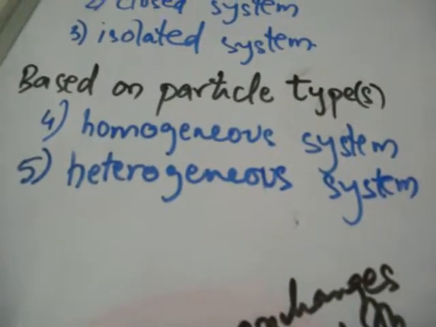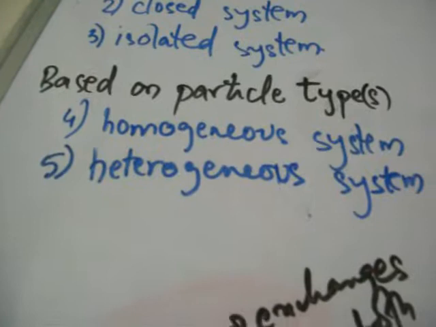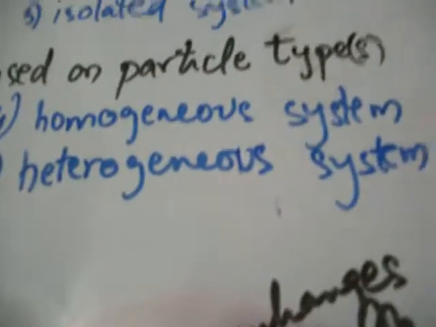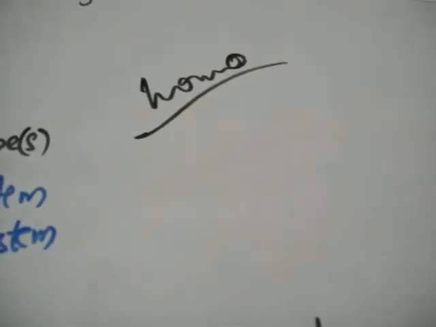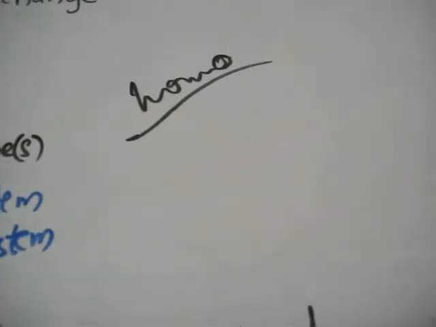Now we get to the fourth and fifth types of systems, based on the types of particles, and these are the homogeneous systems and the heterogeneous systems. So homogeneous: you will not be able to tell one particle from the other. You will not be able to draw a boundary.